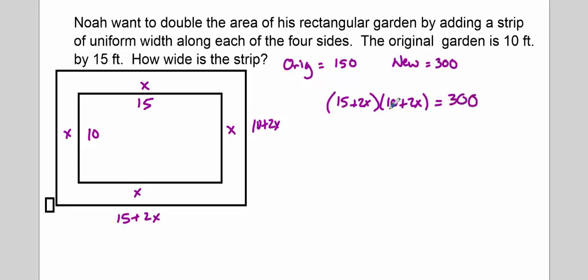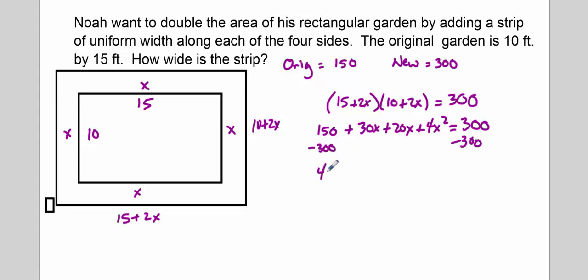It's going to take, again, a foiling to do this, so that's 150 plus 30x plus 20x plus 4x squared is equal to 300. I will subtract 300 from both sides.